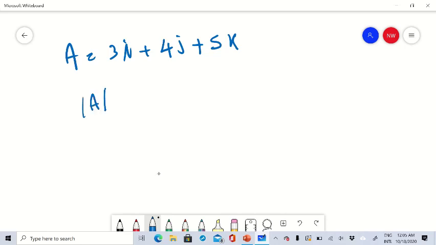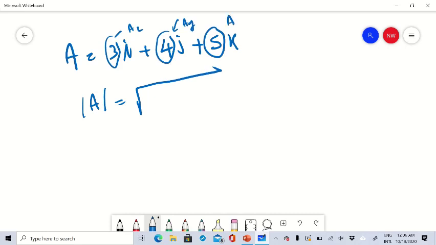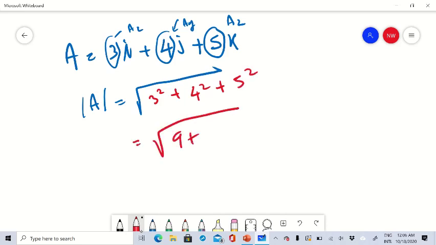This is now Ax, this is Ay, and this is Az. So the magnitude of the vector is the square root of 3 squared plus 4 squared plus 5 squared, which is the square root of 9 plus 16 plus 25, so the square root of 50, right?